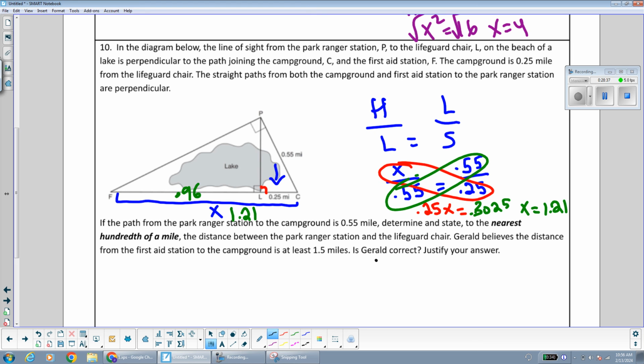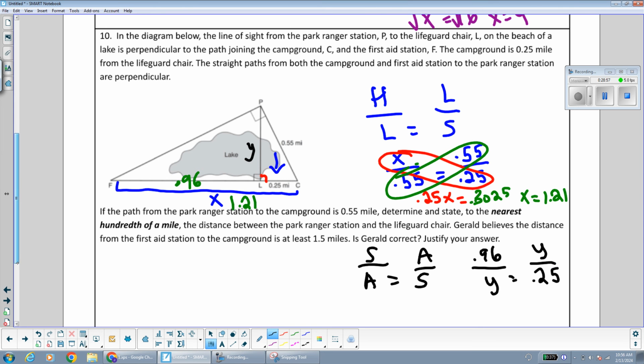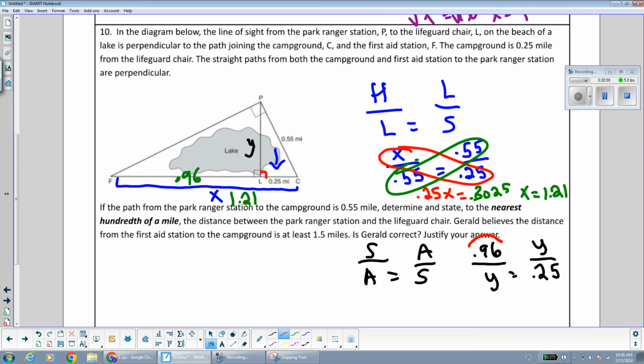And now I can use SAS. I'm just going to call the altitude y because I already used x to represent the hypotenuse before. Now, since I know both segments of the hypotenuse, I'm able to set up my altitude rule and solve for the altitude.